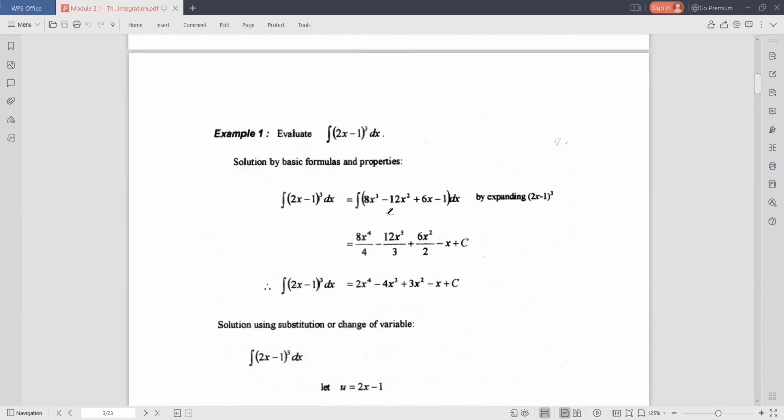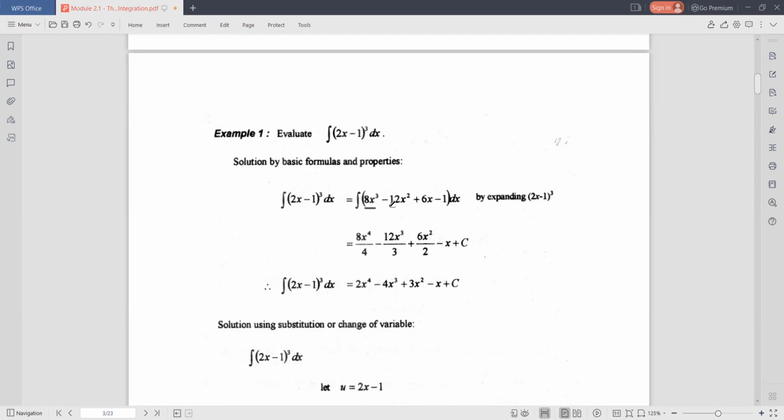Okay, then we use some properties here. I think this is property number 2, no, of our integration. So here we apply the integral of each component.